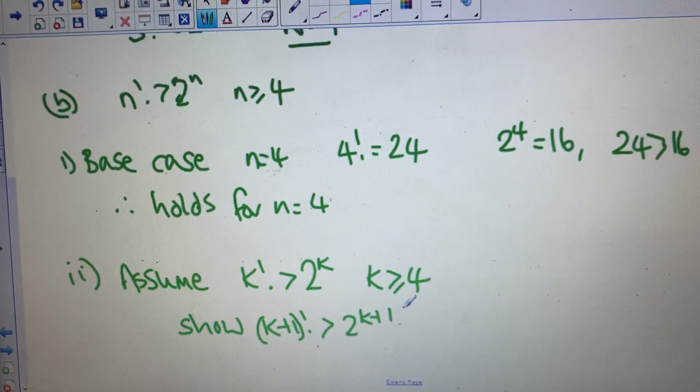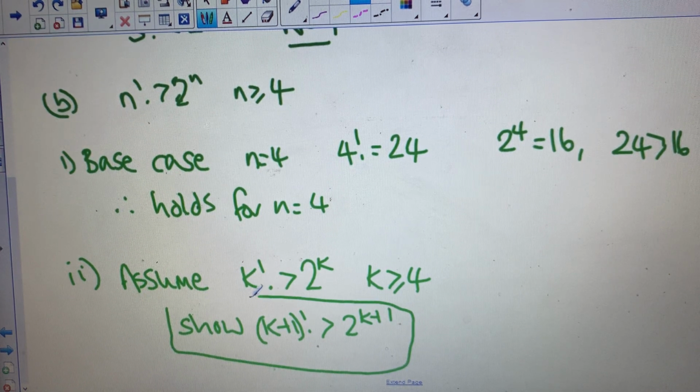So that's what you need to show. I think what I have been doing is boxing those off. So let's have a little look.